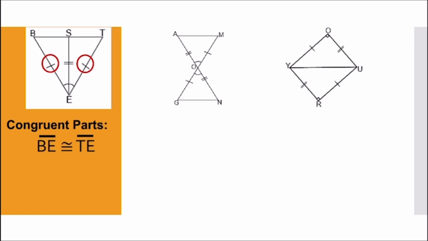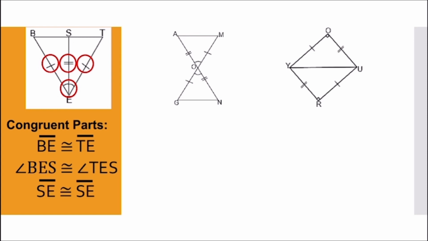Next, for our pair of included angles, angle BES is congruent to angle TES. And for our second pair of congruent sides, line segment SE is congruent to line segment SE by means of the reflexive property. Then, triangle BES is congruent to triangle TES.